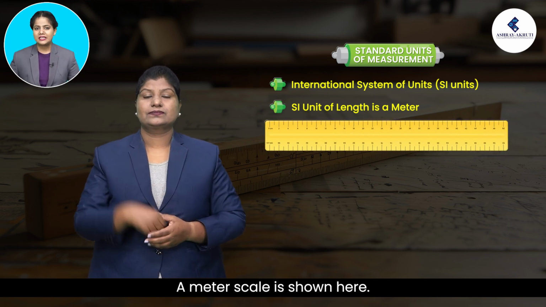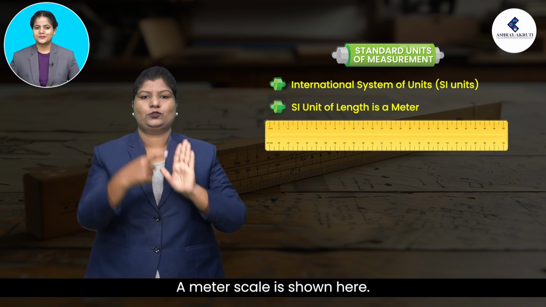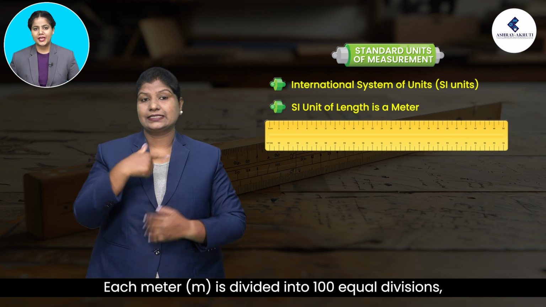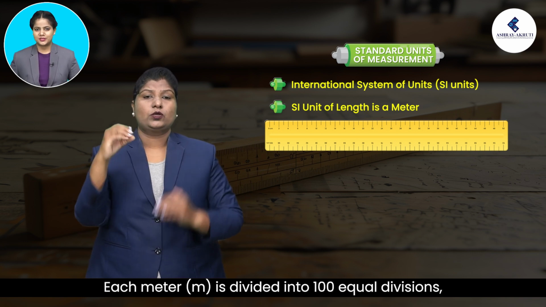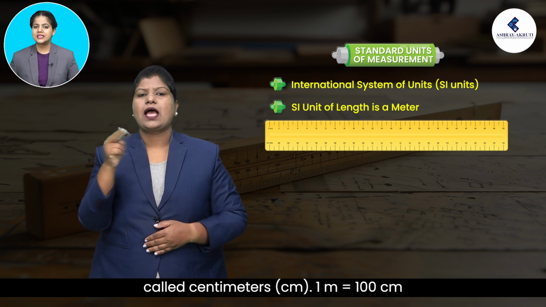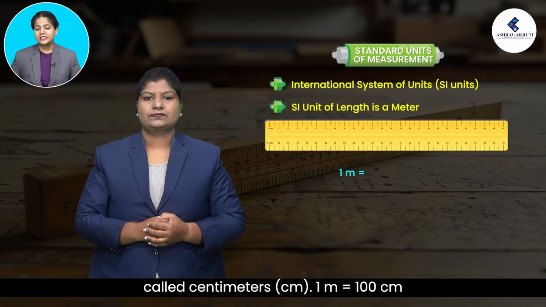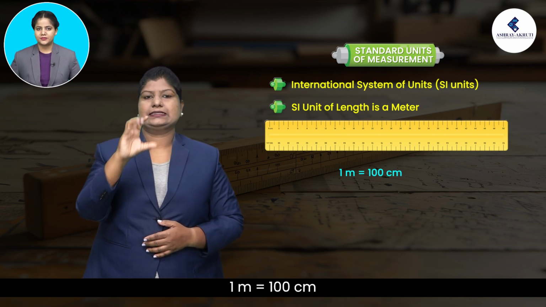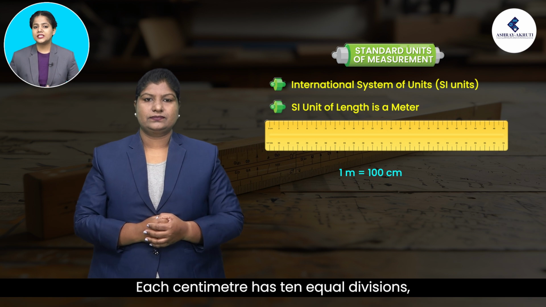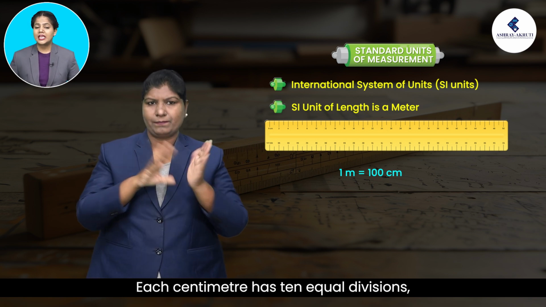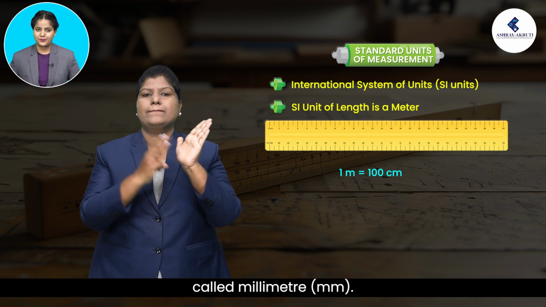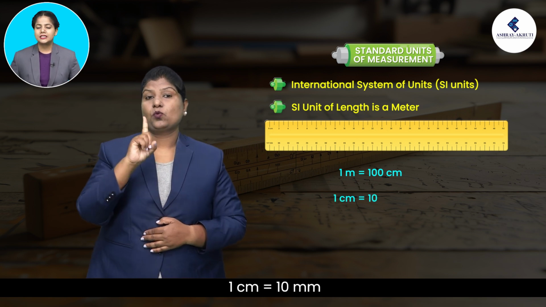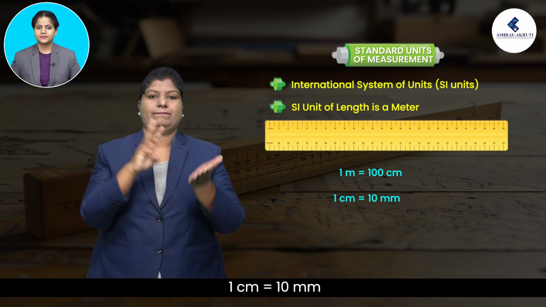Our meter scale is shown here. Each meter, M, is divided into 100 equal divisions called centimeters, cm. 1 meter is equal to 100 centimeter. Each centimeter has 10 equal divisions called millimeter, mm. 1 centimeter is equal to 10 millimeter.